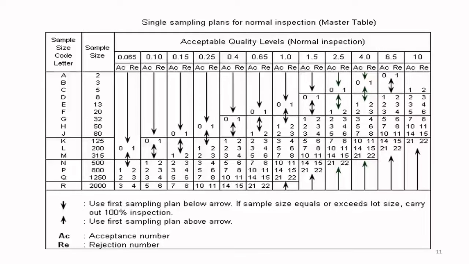But if you have an AQL of 10, then with 3 rejections you are still safe, and with 4 rejections your shipment will be rejected. So this is the meaning of this table. There's a lot of information that has been shared here. We will take an example in the subsequent slide and make it more lucid.